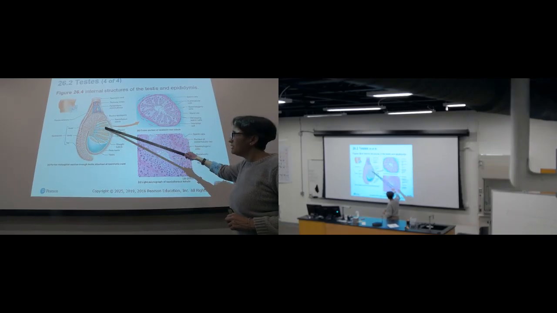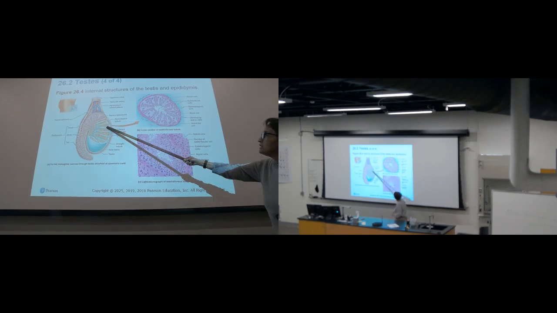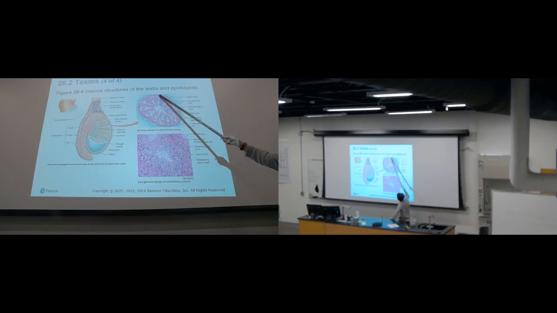We have around 250 of these, and inside of them you can see the tubules. If you make a cross-section of these tubules, you can see the different layers. The most external part is the myoid cells.